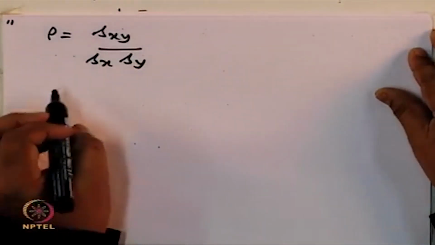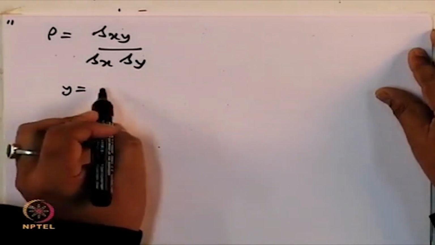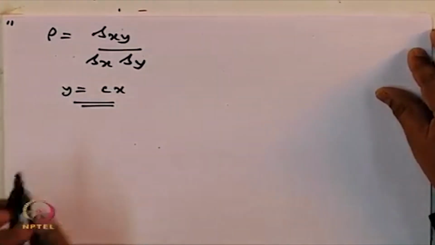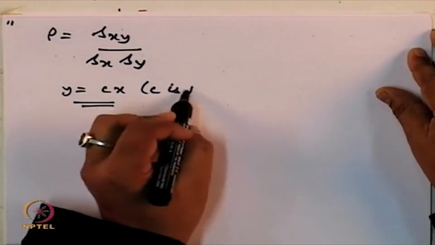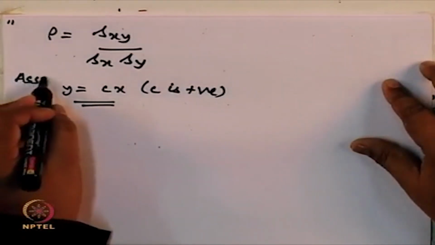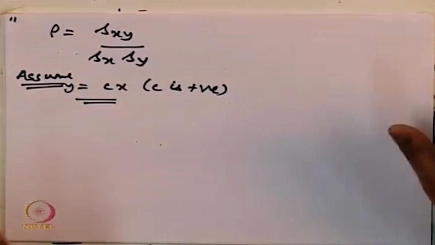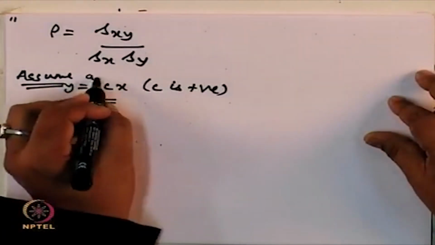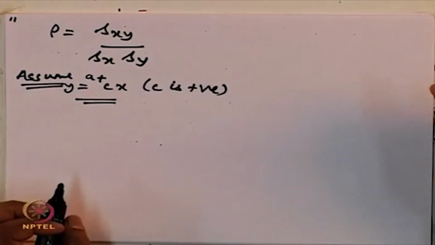Let us assume y is Cx in this case, where C is positive. So, we assume a very strong correlation. In fact, we can also assume A plus Cx to make it more general.